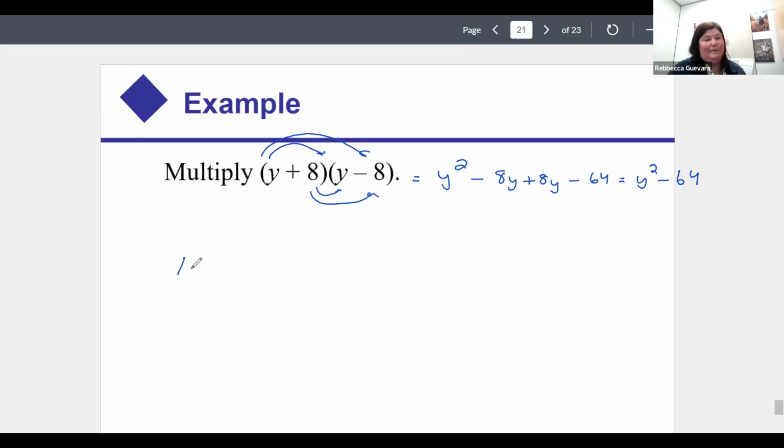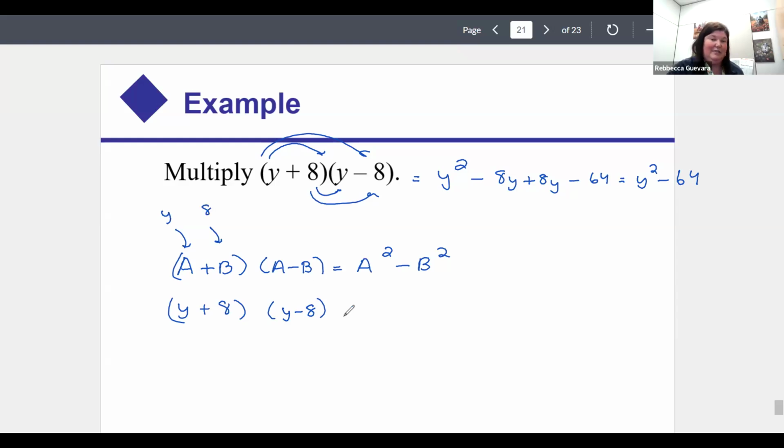If I do this with the formula, a plus b, a minus b, we know it's going to be a squared minus b squared. So we have (y plus 8)(y minus 8). So my a is going to be my y, and my b is going to be my 8. So it matches. That means I'm just left with y squared minus 8 squared, or y squared minus 64.